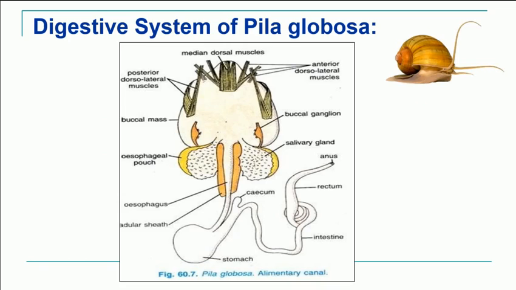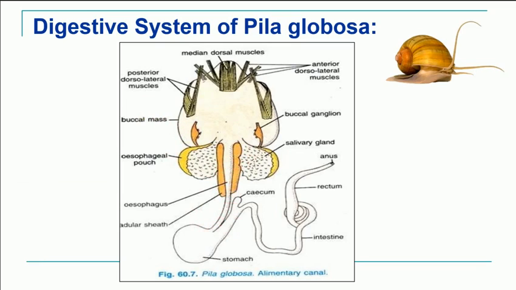Here you can see the digestive system of Pila globosa. From this side you cannot visualize the mouth, but you can easily see the buccal mass followed by the esophagus.